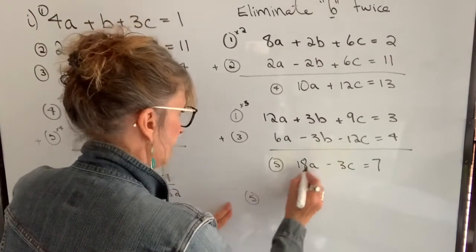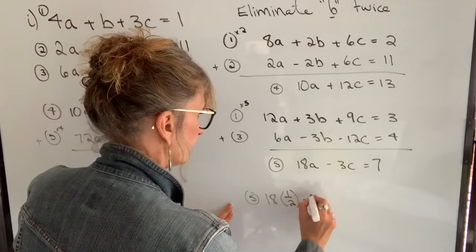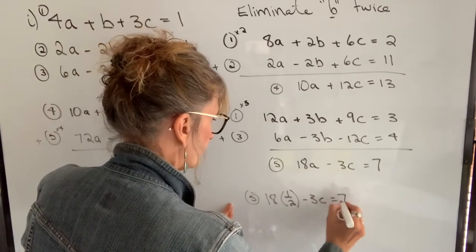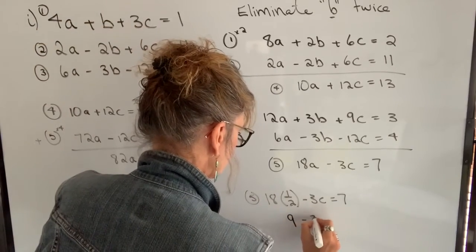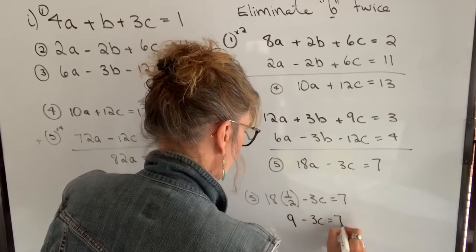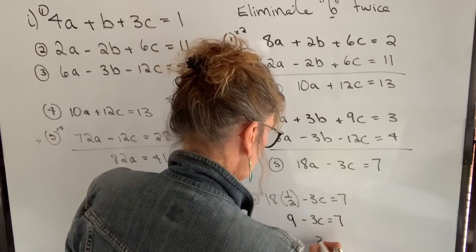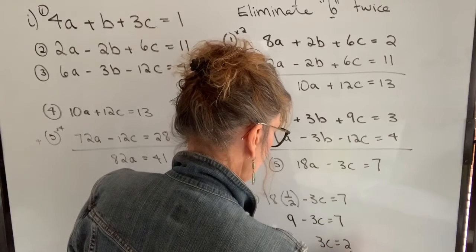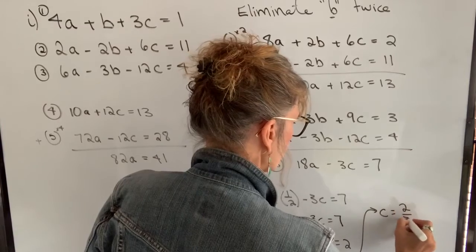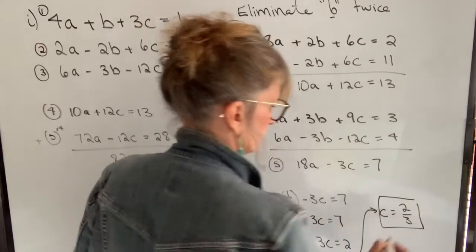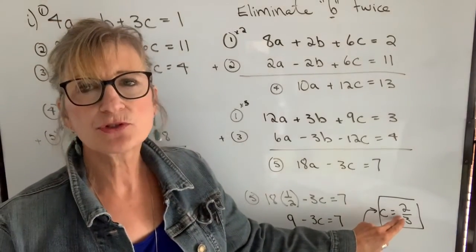So equation 5, if I plug in 1/2 for A, I will get, when I move my terms around, 3C equals 2. So C will equal 2/3. I've got A equals 1/2, C equals 2/3.